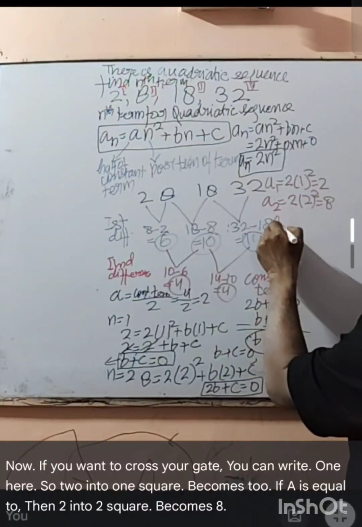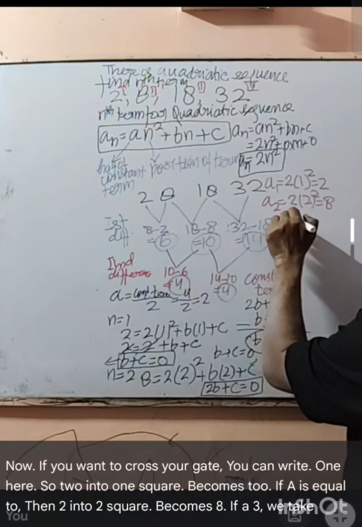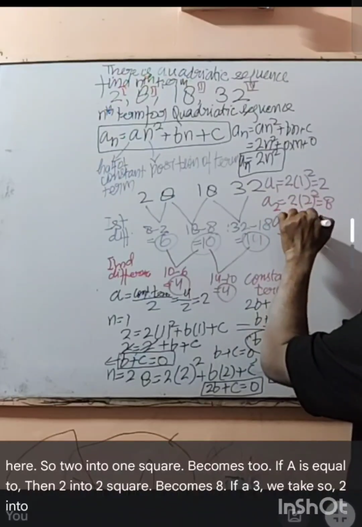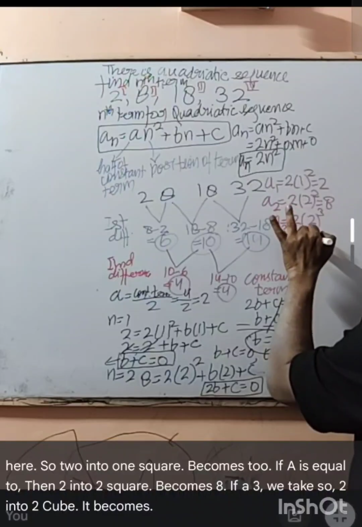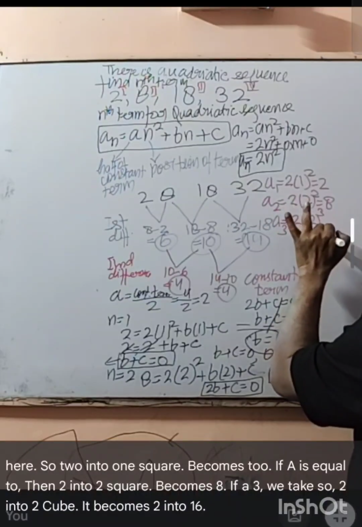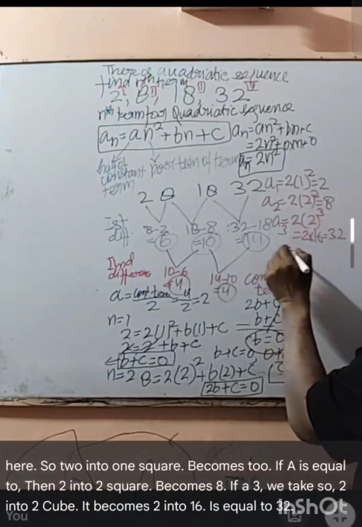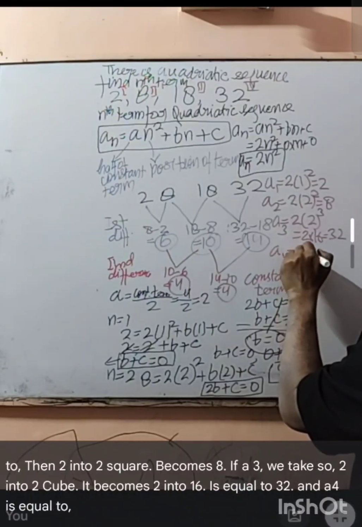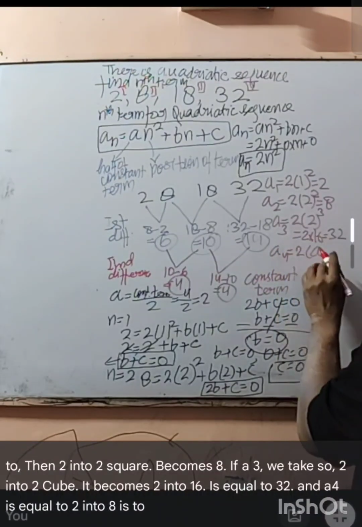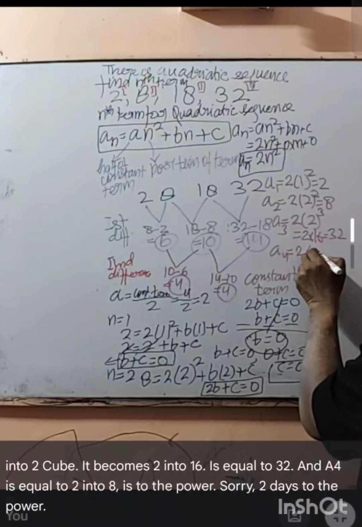For n equal to 3, 2 into 3 square is 18, and for n equal to 4, 2 into 4 square is 32.